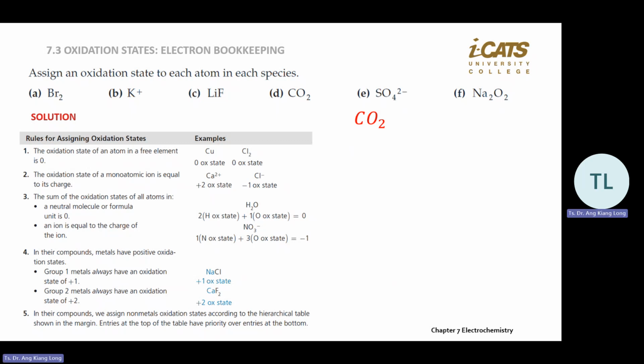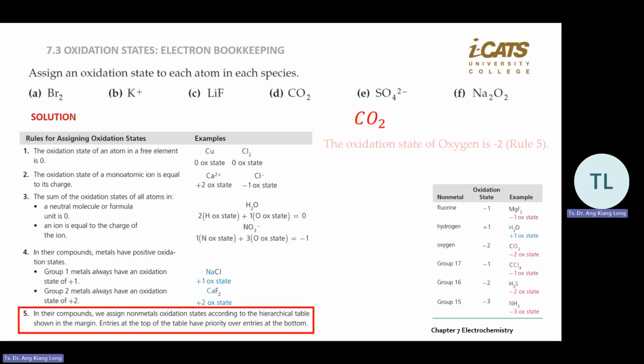So you break C, you break O. Again, in the small table just now, O straight away gives -2. C, you need to refer to the periodic table.